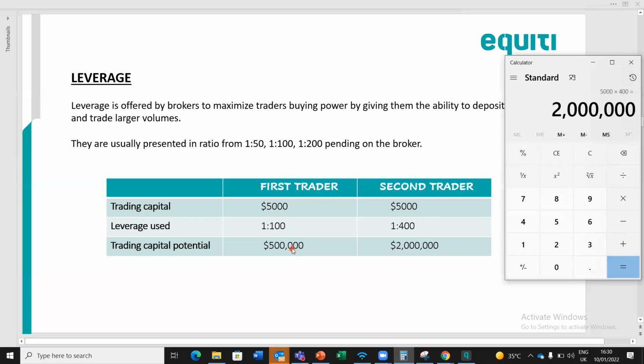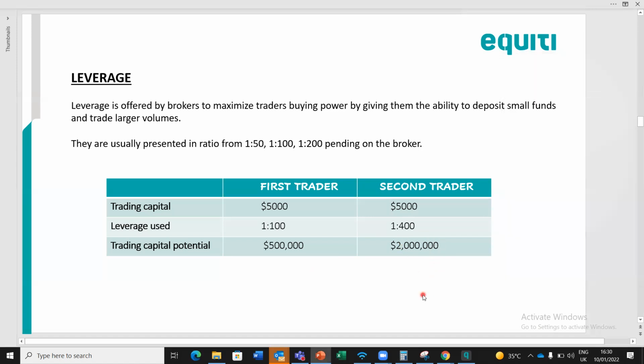He will not be able to buy or sell and make the most out of the opportunities that he finds in gold. Why? Because his trading capital potential is lower than the requirement to trade gold. But this second trader will be able to trade gold. Why? Because he is above the requirements. Now, this is what leverage can do for you. It helps you to maximize your trades and your buying power.